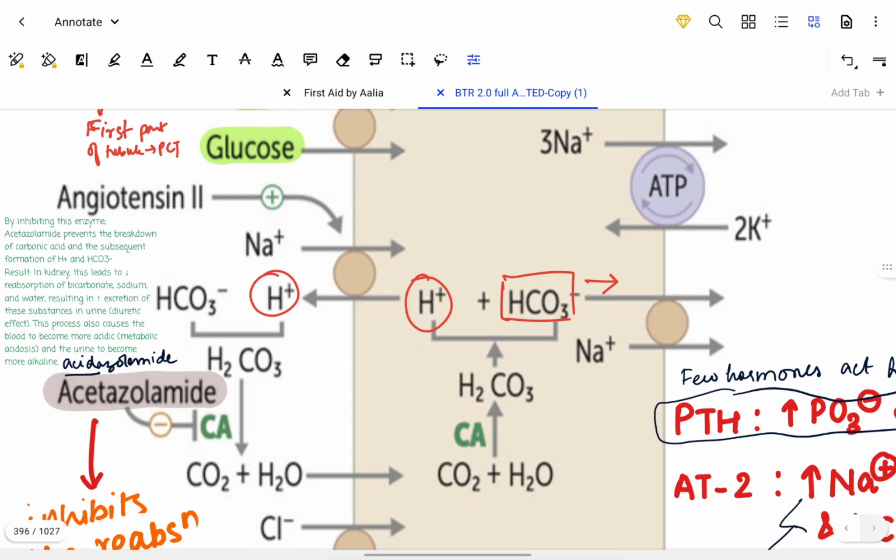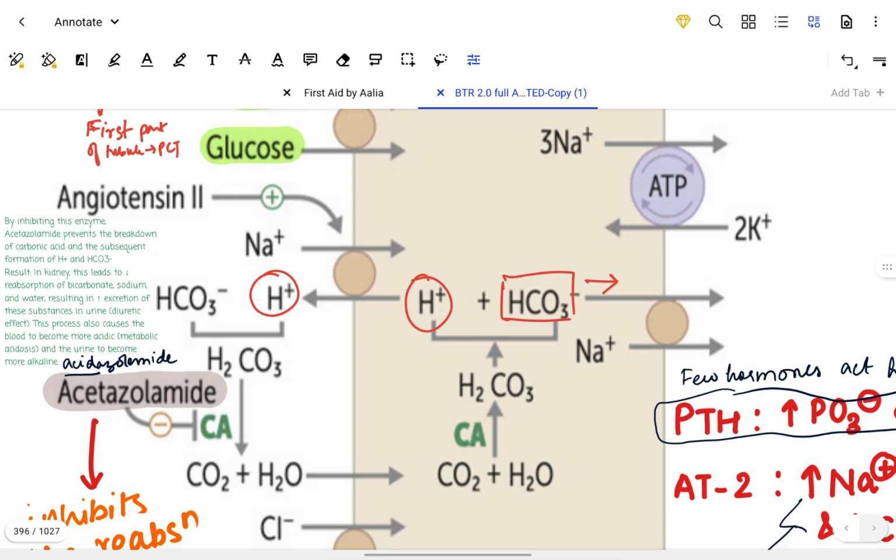But if carbonic anhydrase is inhibited, the bicarbonate won't enter into the tubule and won't be reabsorbed, right? So basically, what is acetazolamide? H plus is in the urine, but that is not the primary function. I'll tell you the primary function.